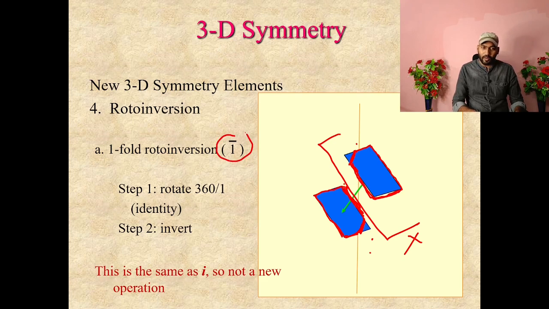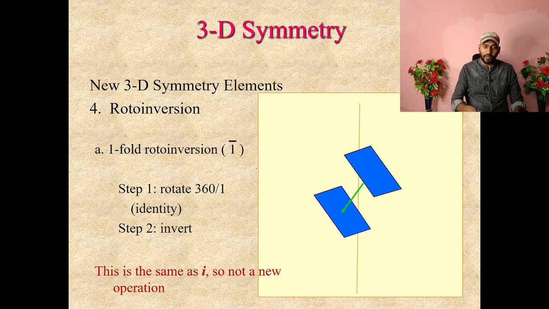One bar will not be equal to a mirror plane. When it is one-fold rotation and inversion, it will not become a mirror, rather it will become a center of symmetry. Everything is inverted through the center. Okay, so this is represented as I. One bar is also represented as I, which is representing center of symmetry.